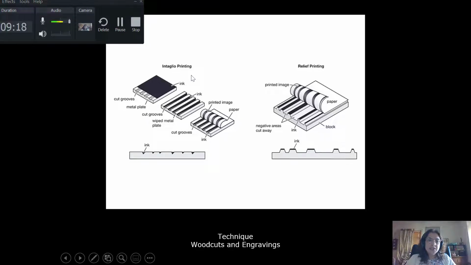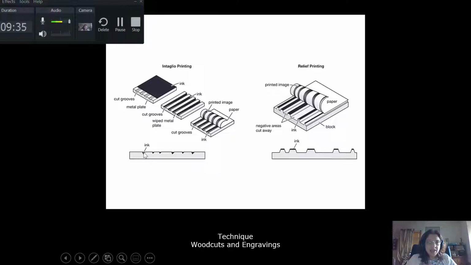An intaglio print is a little bit more complicated. You have a plate, and it's metal usually. Sometimes though you can use plastic or other material like that. I think the one in the video actually uses plastic.